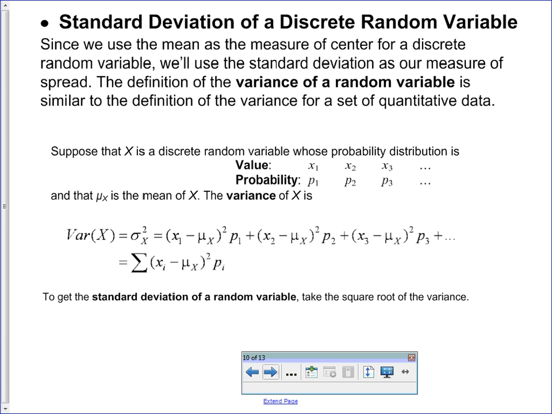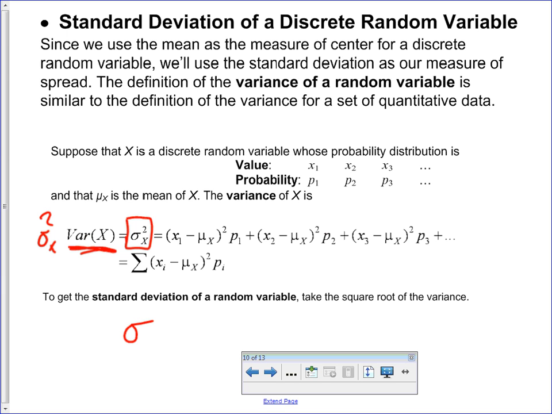So, here it's to find the standard deviation. What we do is we use this formula to find the variance. And remember, by definition, standard deviation is the square root of the variance. Remember the symbol for variance is sigma squared, which is right here, and the symbol for standard deviation is sigma.